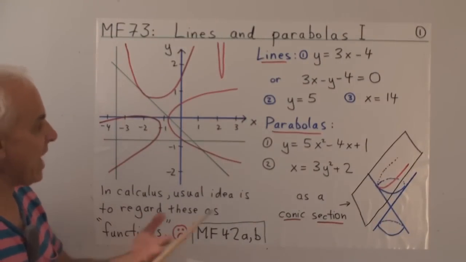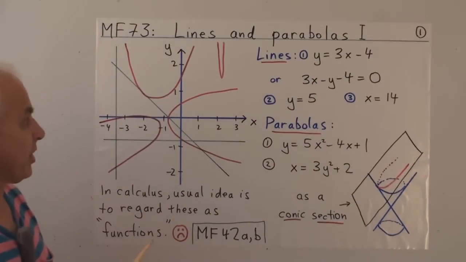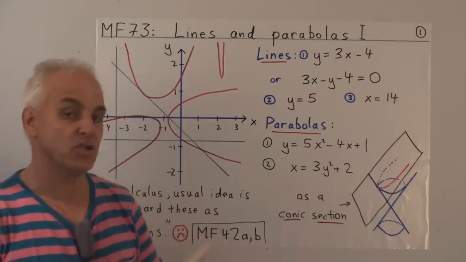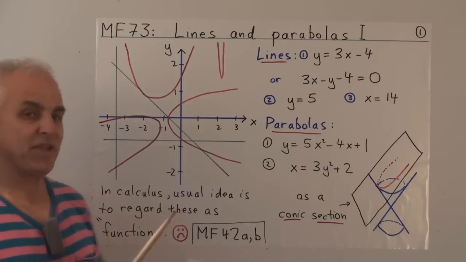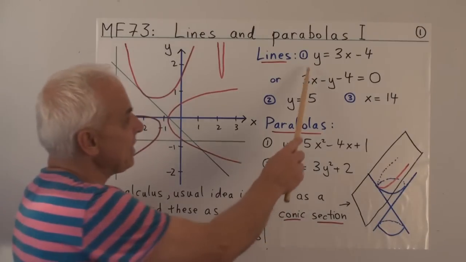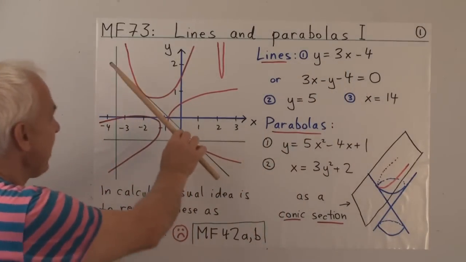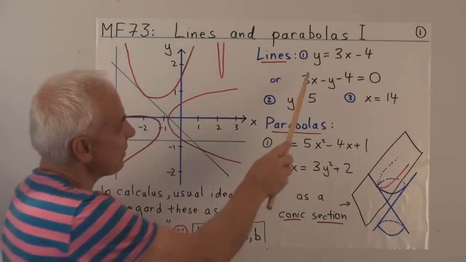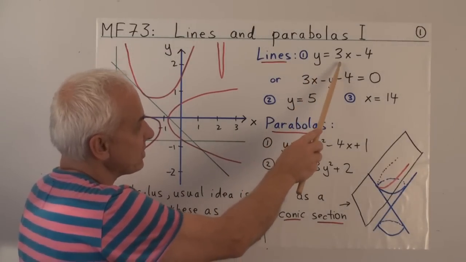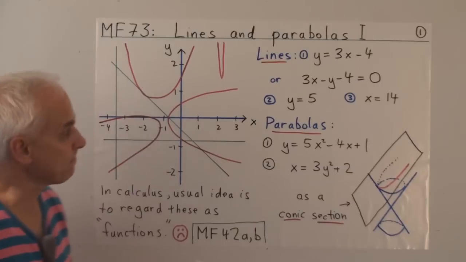So in a standard treatment of the subject, where you learn some analytic geometry involving coordinates x and y, we learn about the idea of expressing a linear relationship by a line in the plane. So we talk about lines in the form y equals, say, 3x minus 4.